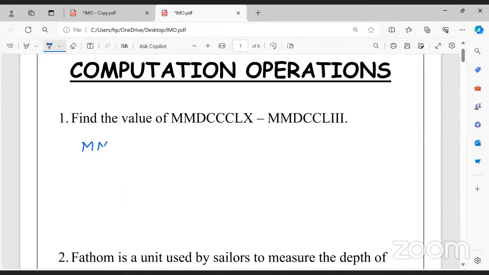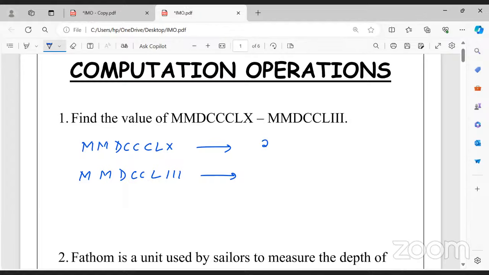MMDCCCLX stands for what? MMDCCLI stands for what? Who can tell me that? What is the first number? Oh wow, very good. Who said that?